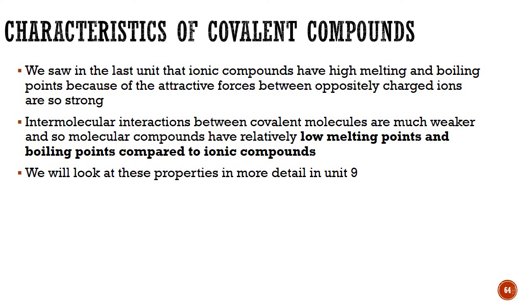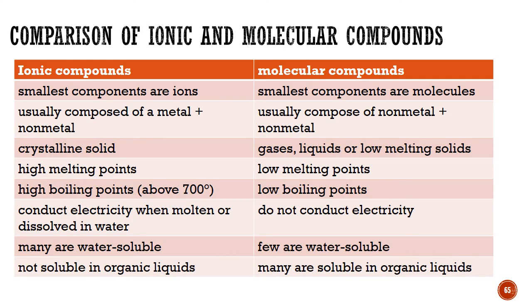If you've got a covalent compound that has very strong hydrogen bonding, it's going to tend to have higher boiling points and higher melting points. If you have nonpolar molecules with only London dispersion forces between them, they're going to have lower melting points and lower boiling points compared to other things. We're going to look at these properties a lot more in another unit, but just to get you thinking about it.